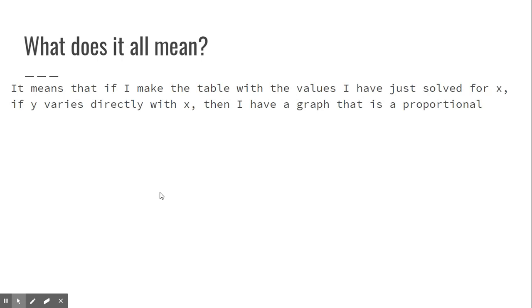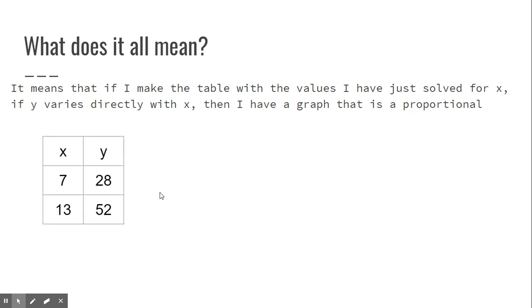All right, so it means that if I have a table with the values I have just solved for, the values I have when I've just solved for x, if y varies directly with x, then I have a graph that is proportional. So you've already seen proportional graphs. So here's what this means.